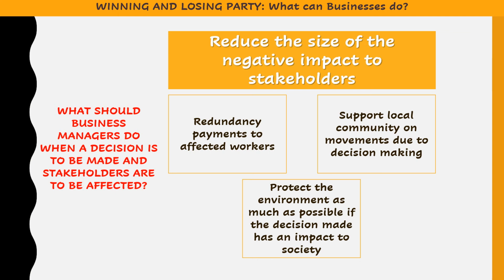So these are some of the examples that businesses could do to minimize the negative impact, because when you make a conflicting decision, there would be one party who would be gaining more than the other. And this is what businesses can do to minimize the impact faced by the losing party, or the negative impact faced by stakeholders.